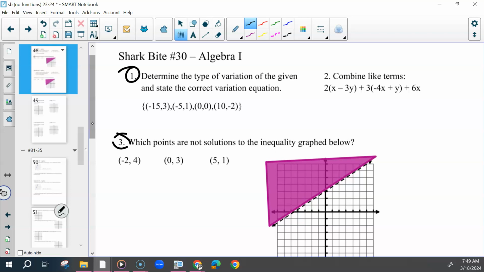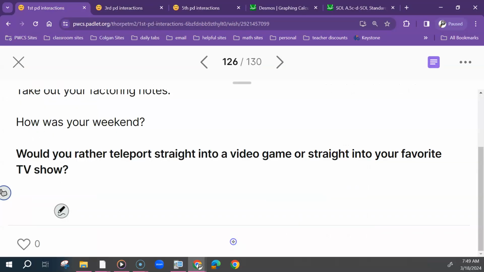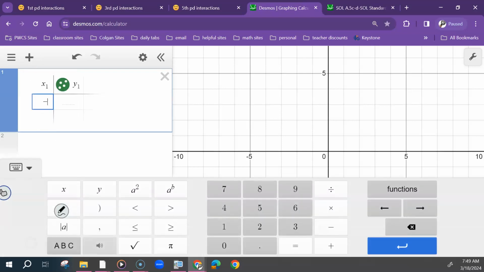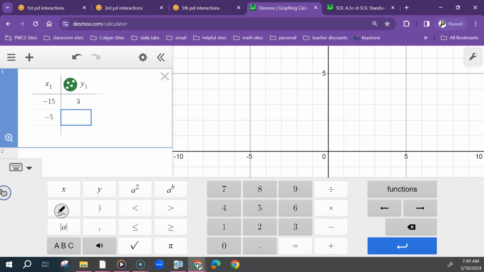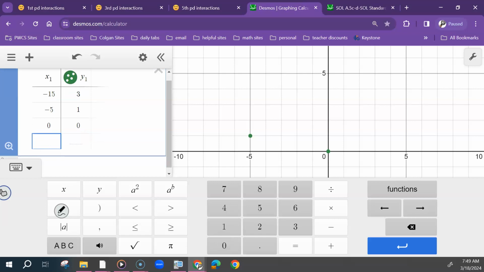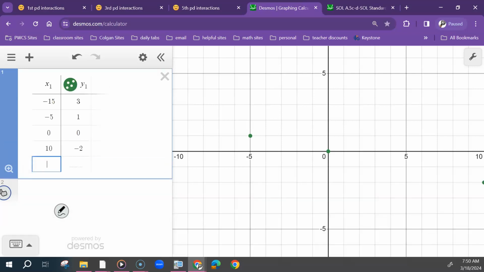Starting with the first one, I just realized that some of these say number 2. Anyway. For number 1, if we were to put these into a table, I could look at these points and see what they are doing.